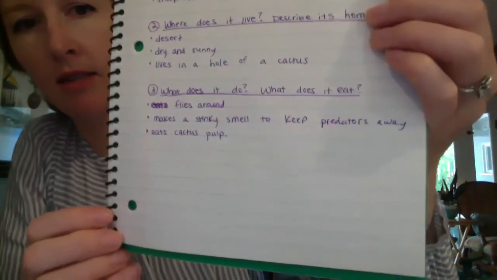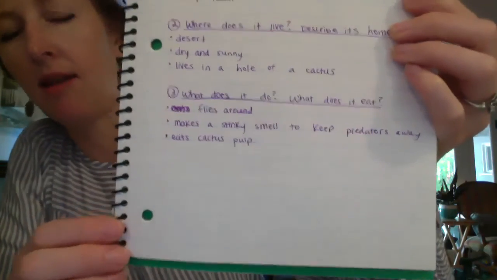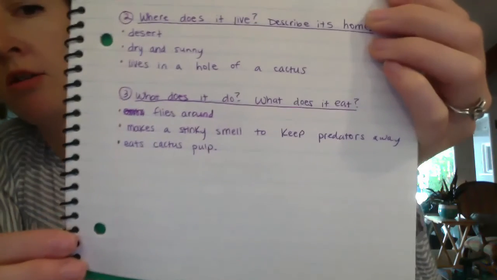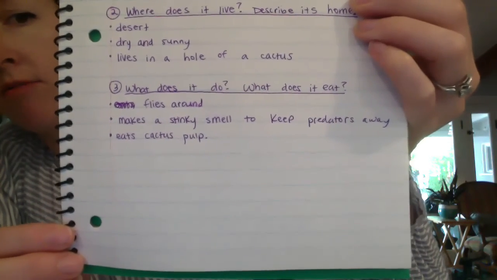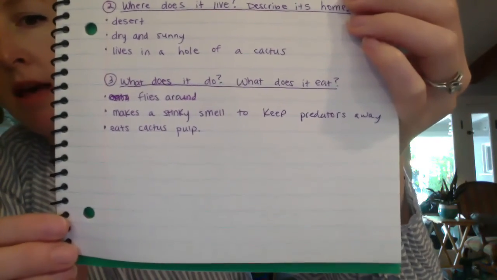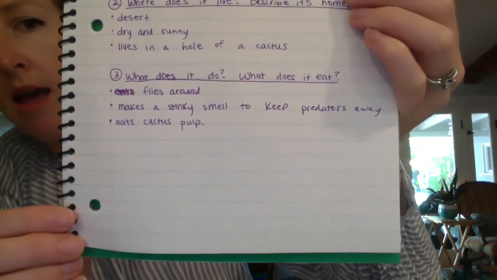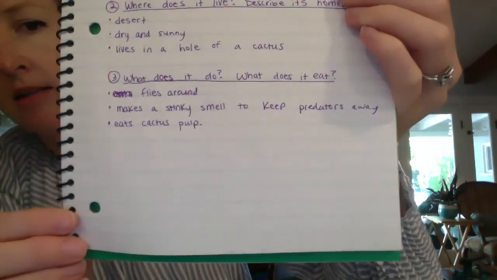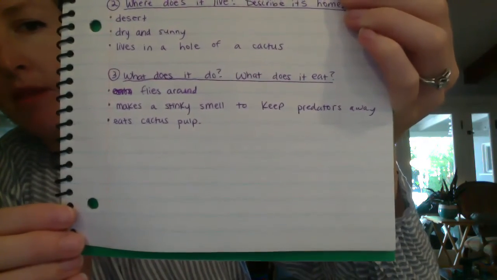So I'm going to write those things down in my journal. And then I'll show you. Okay. And so I wrote those 3 things down. Remember, at least 3 things for each question. So I wrote, flies around, makes a stinky smell to keep predators away, and eats cactus pulp. Okay.